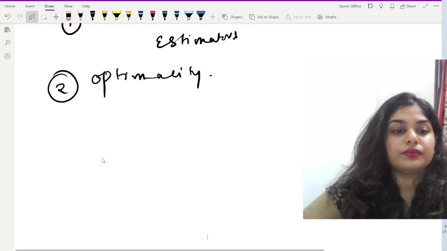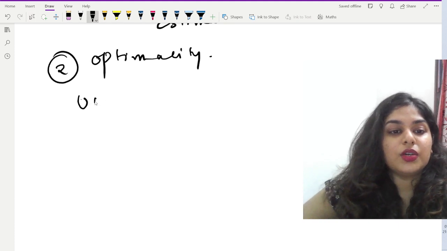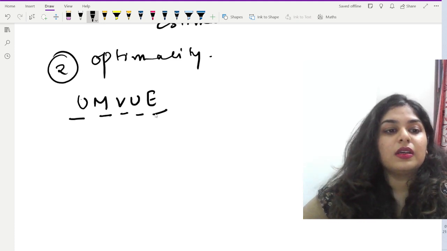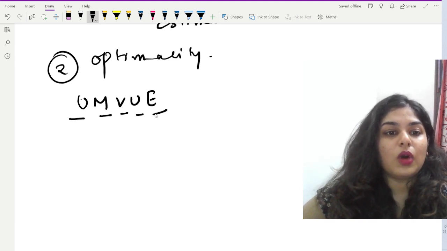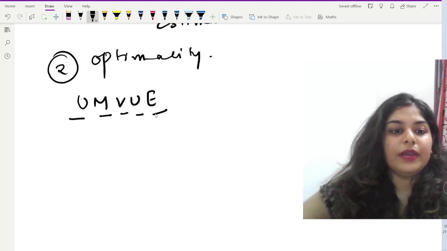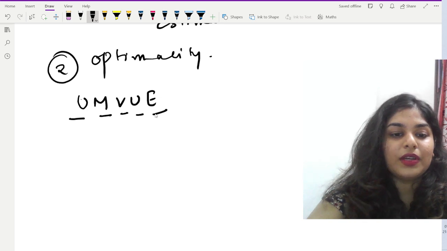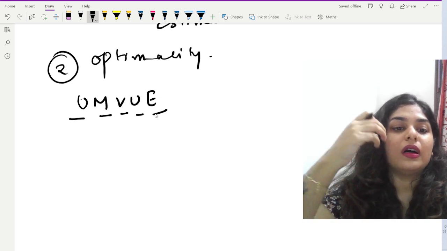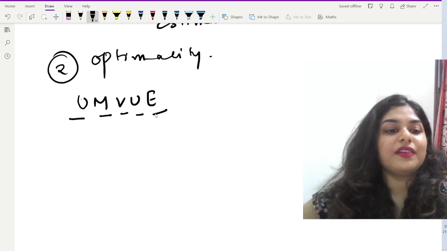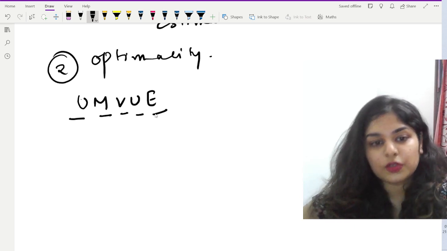That is UMVUE, which is uniformly minimum variance unbiased estimator. Okay, which are optimal, and thus from here we can get the minimum variance among all the unbiased estimators.